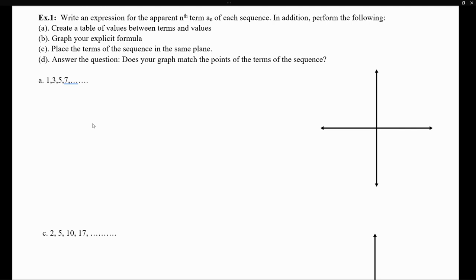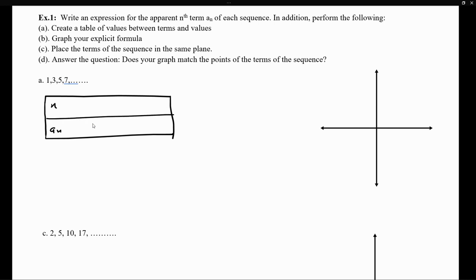The way that we're going to do this is by creating a table of values for a_n and n, which is just a table of values for the term number and the value of the term. So n is the value that we use to define the term, and a_n is the nth term. When n is 1, we're looking at the first term, and the first term has a value of 1.